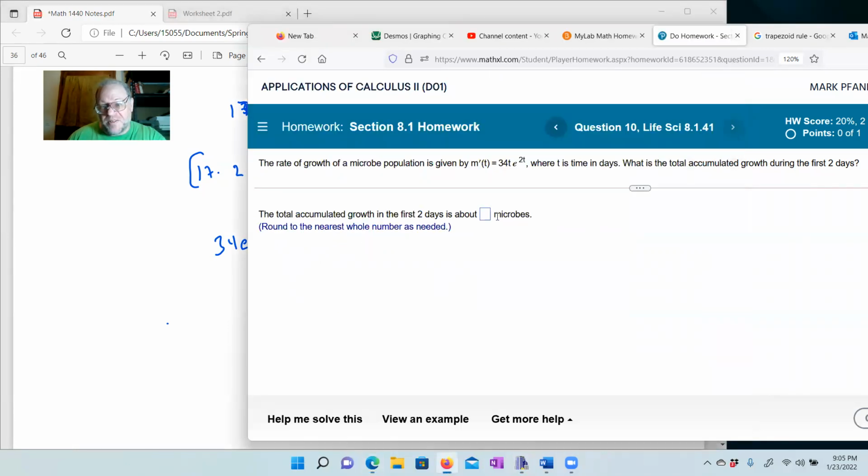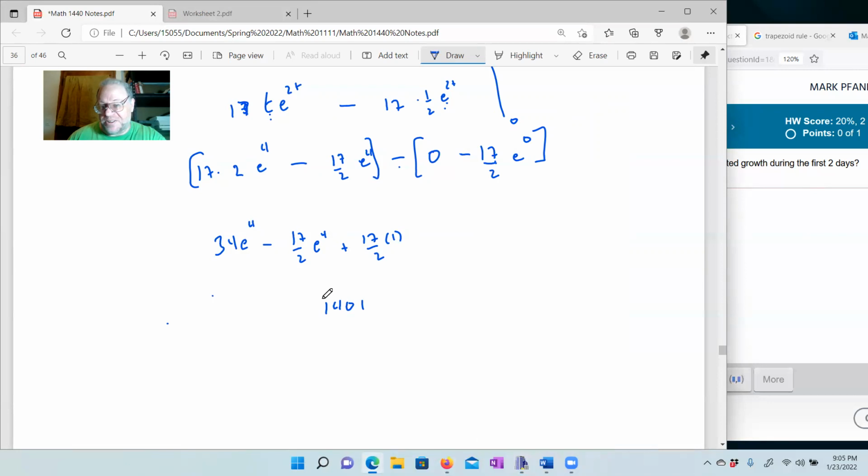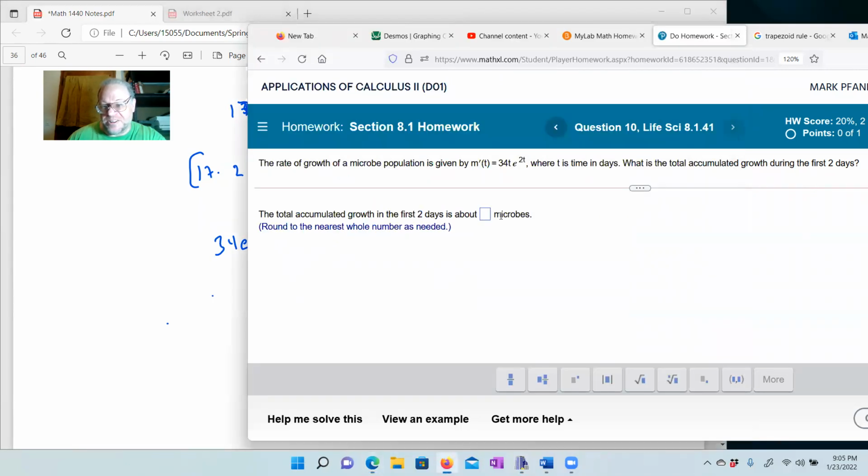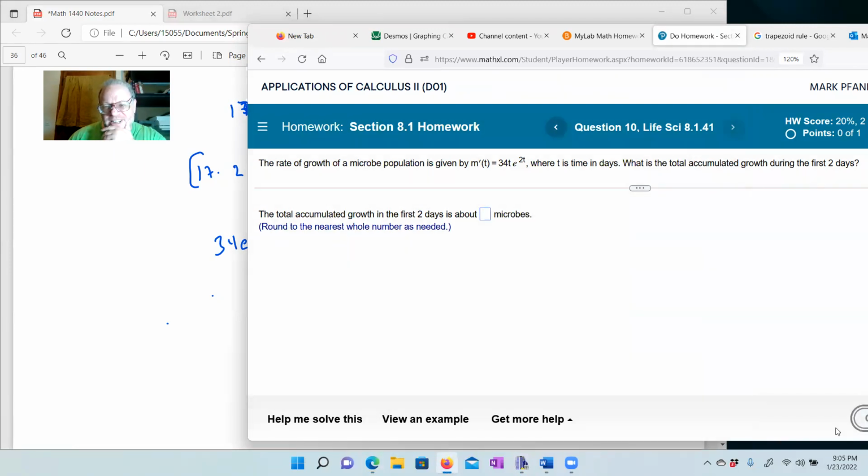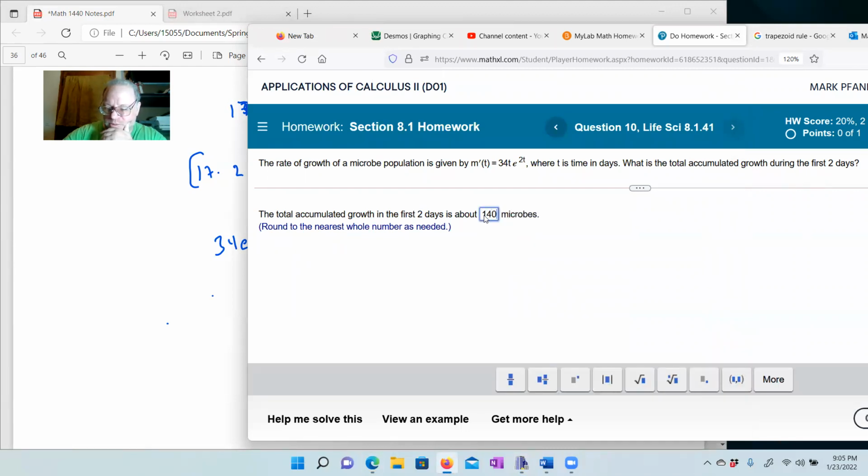I'm really crossing my fingers over this because I have no idea what they're going to do with this. They're going to tell me I'm wrong regardless of what I type in. So we'll go ahead and check. 1401. Let's see what we got here.